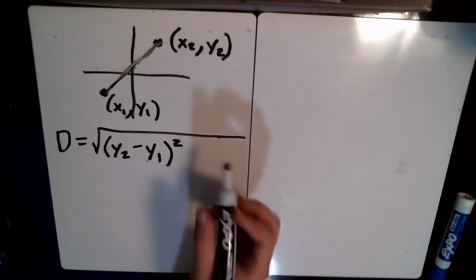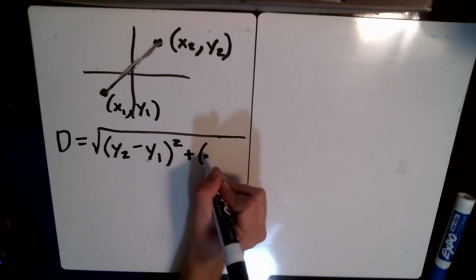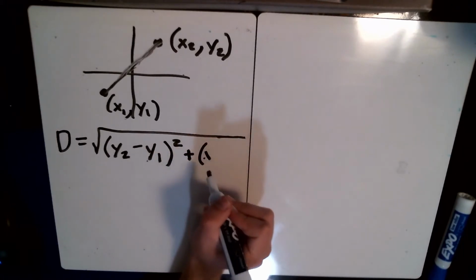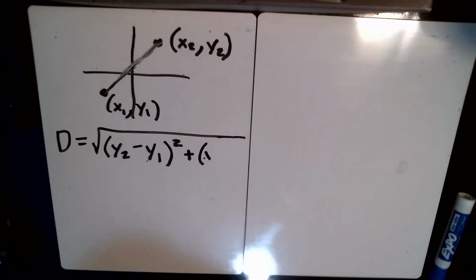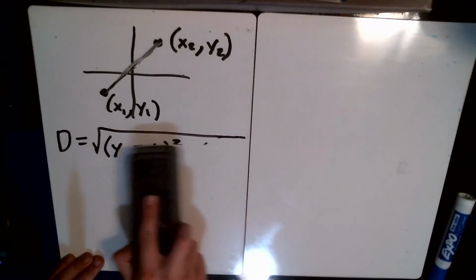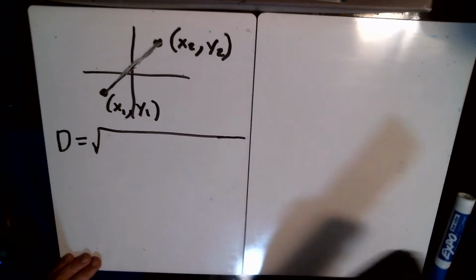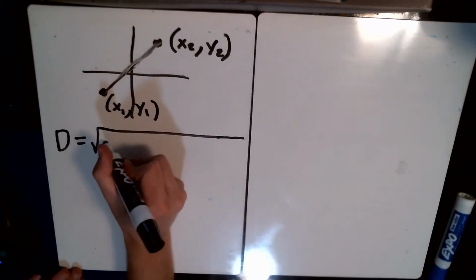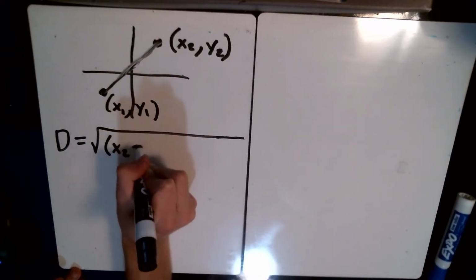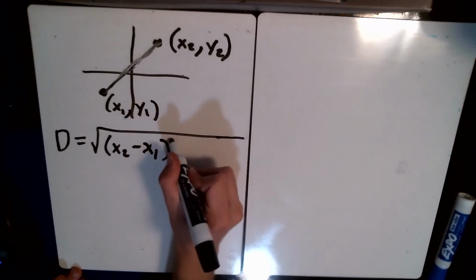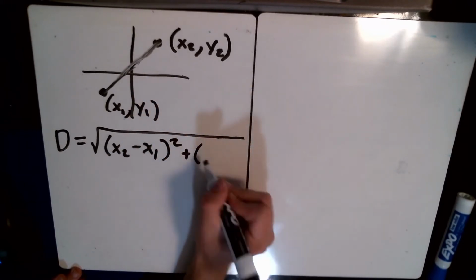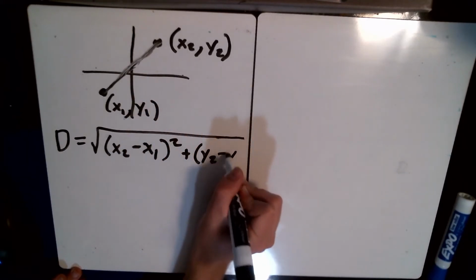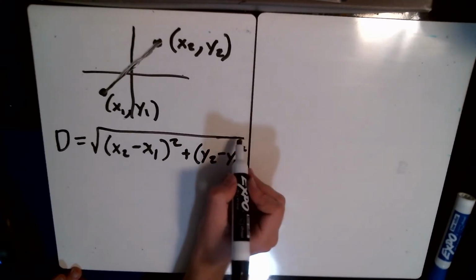Y2 minus y1 squared. And then, oh, I think your book, I'm sorry, let me fix this. I do think your book uses x's first, so let's do that instead. X2 minus x1 squared, and then plus y2 minus y1 squared, okay?